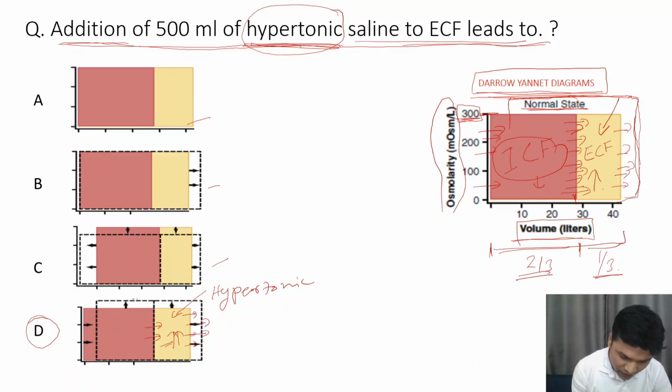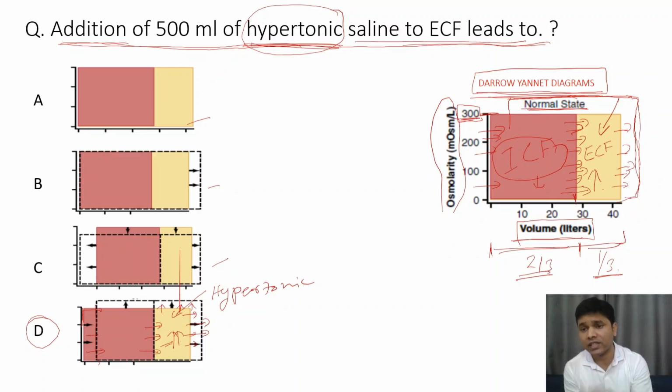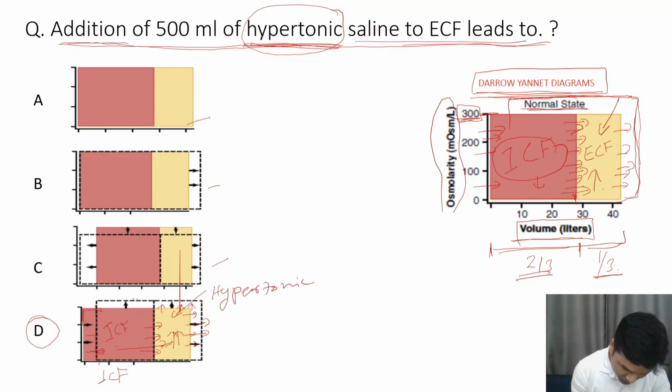Osmolarity is increasing because you are giving hypertonic saline. In the intracellular fluid, volume is decreasing, because fluid is moving to the extracellular fluid, and as volume decreases, osmolarity increases.